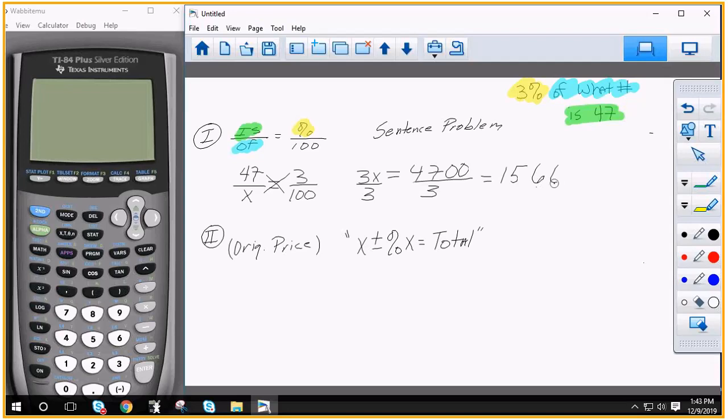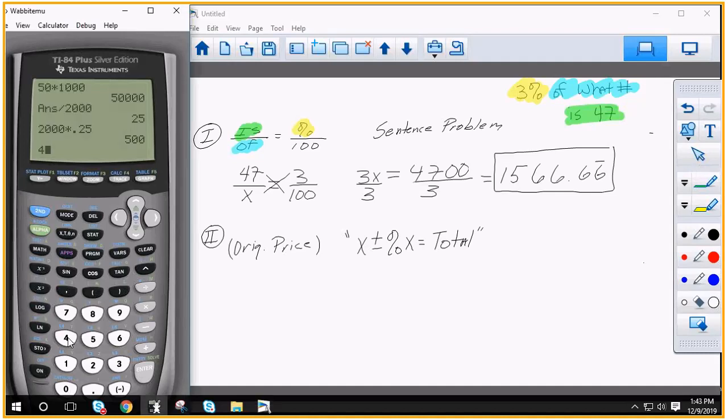And 6. And it's just going to keep on going, I think. We'll check it with the calculator. So 4,700 divided by 3. And there it is, 1566.6666.